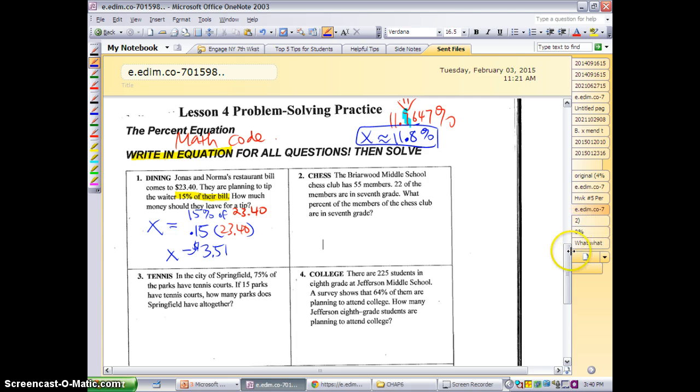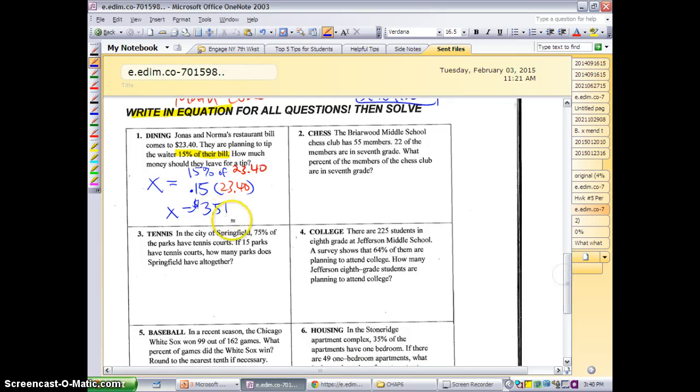Let's try number 3. I'm looking for 75% of the parks have tennis courts. So 0.75 of, that's times, the number of parks.